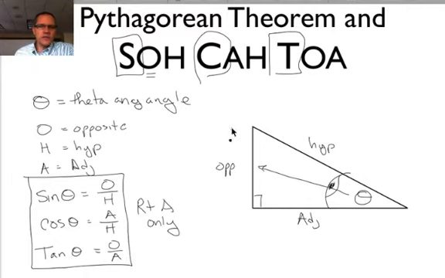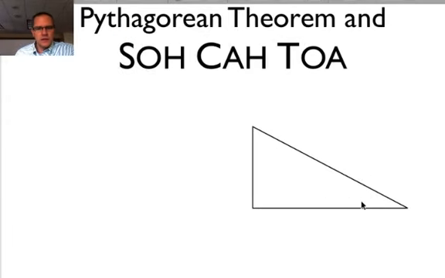Okay, so let's walk through and see if we can apply these concepts. Let's apply the sine, cosine, tangent to a right triangle. So let's say that we have an angle of 30 degrees. So theta equals 30 degrees in here, and let's say that this hypotenuse is equal to 50.